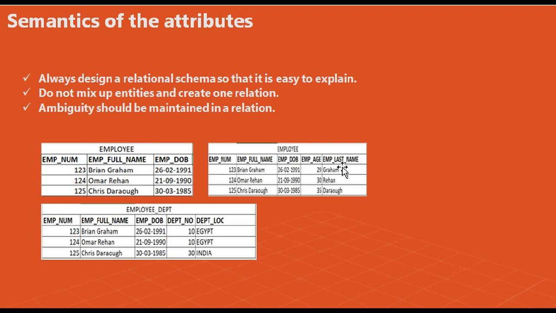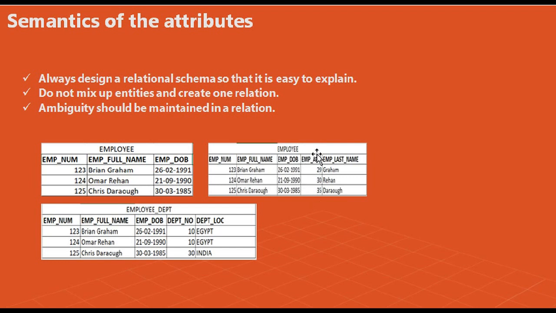If I have an employee date of birth, I can easily conclude his or her age. I do not need any other attribute which explicitly says the employee's age. Why am I saying this? Because we may end up having inconsistent data.